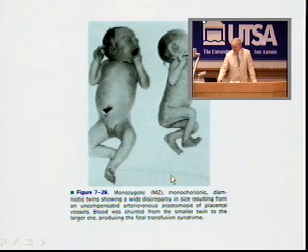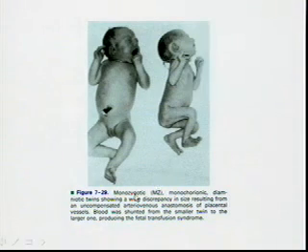Leading to this type of condition here, the monozygotic, monochorionic, diamniotic twins will have a wide discrepancy in size because of the uncompensated arteriovenous anastomosis that we just looked at of the placental vessels. So obviously the blood was shunted from the smaller twin to the larger twin. This produces what is called the fetal transfusion syndrome.